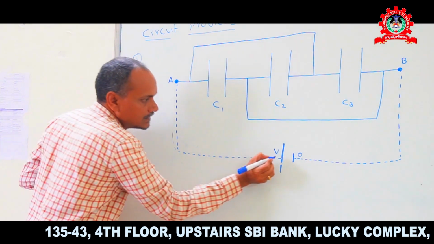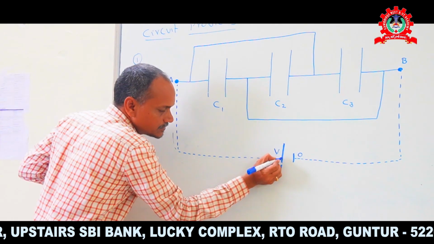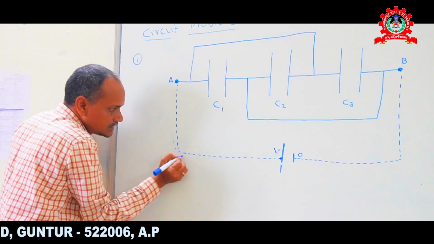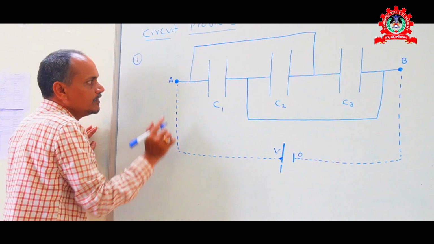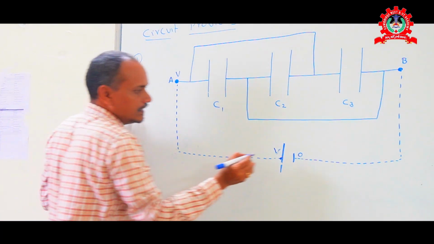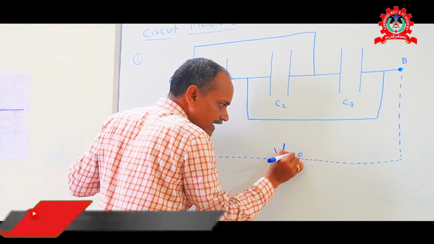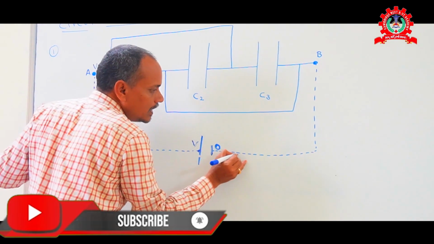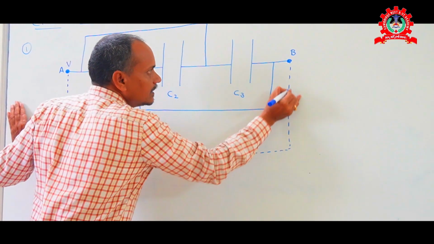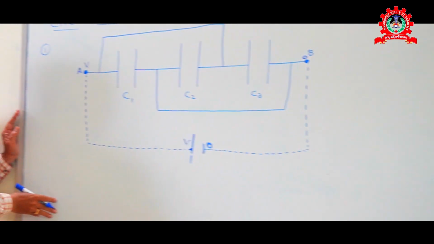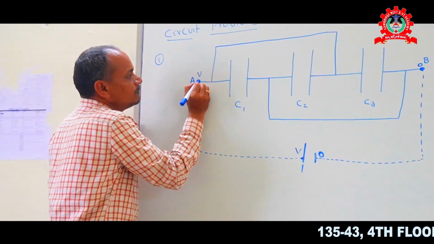That means if the potential at this point is V, then at each and every point along this wire the potential becomes V. For the negative terminal, if the potential is 0, then across this conducting wire again the potential is 0. Let us see carefully.